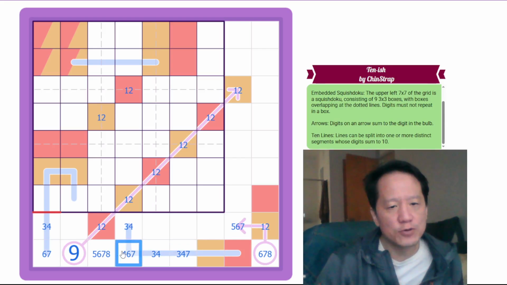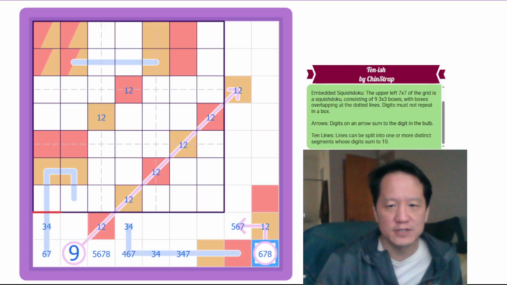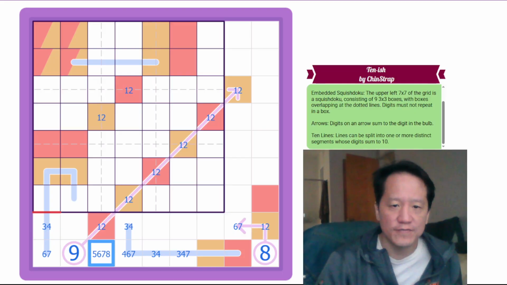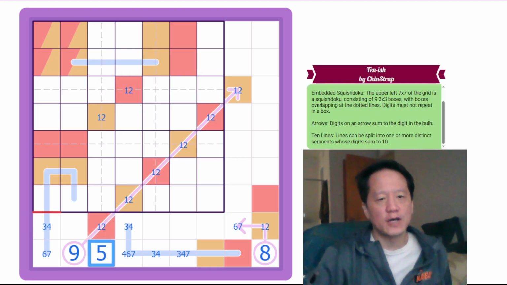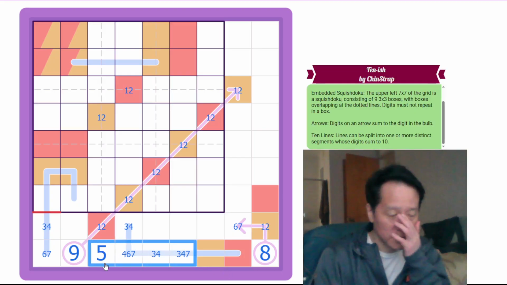We have a 3, 4, 6, 7 quadruplet in row 9, which eliminates 3, 4, 6, 7 in the rest of the row. This can't be 6 or 7, it's 8, which forces this to be 8, 1, and 7 adding up to it, or 2 and 6. So this cannot be 5. This has to be a 5 here. So that means because of the 3, 4, 6, 7 quadruplet in the row.